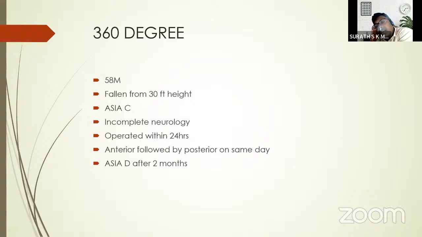So depending on the neurology of the patient and considering all these facts, the age and the comorbidities. If the patient is having a good prognosis according to our experience and according to the literature, what we have learned, then we give them the option. So in that case, we are happier to go for a 360-degree fixation.